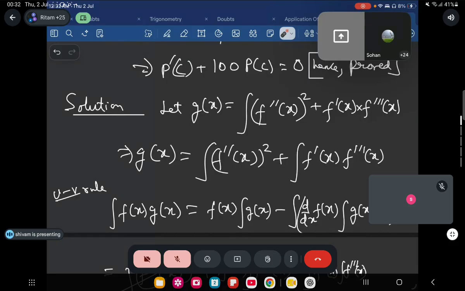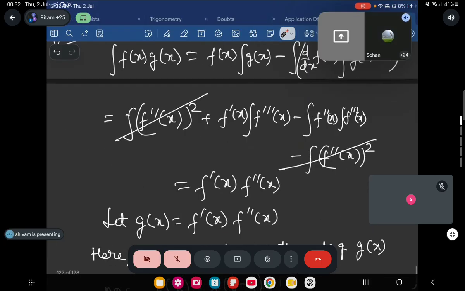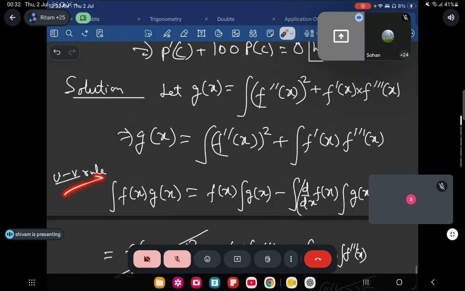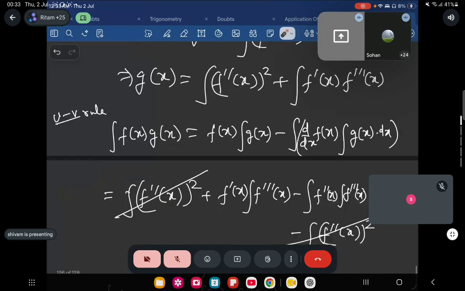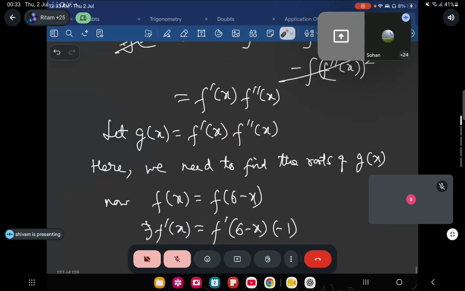See, first of all, I have to find out a function whose differential is f double dash x whole square plus f dash x into f triple dash x. So I have integrated. I've used the UV rule over here. To integrate, I've got f dash x into f double dash x, g of x.